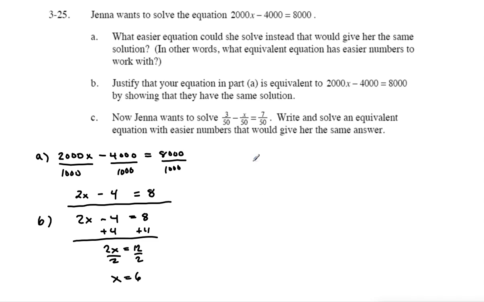Let's see here, if we wanted to solve the original equation, that one was 2000x minus 4000 equaled 8,000. We would end up just adding 4,000 to each side.